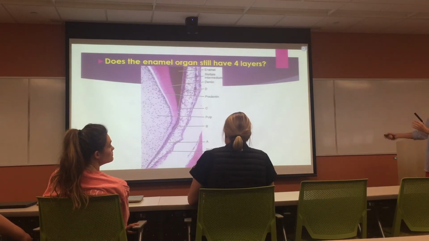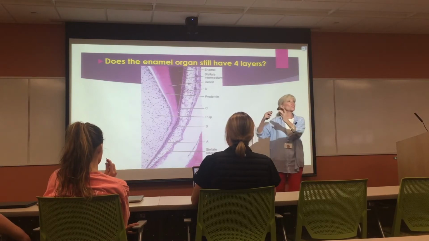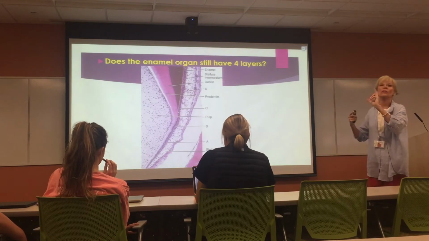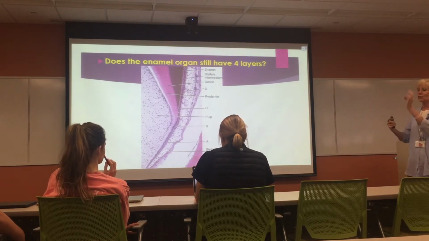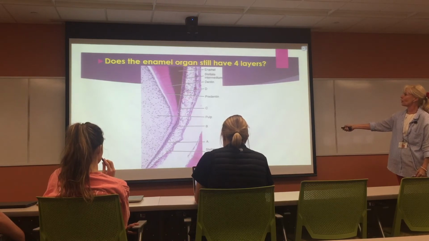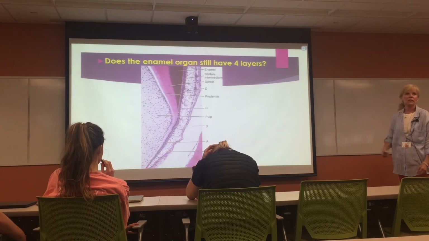As it gets down and we form the cervical loop, then we do not. Then we only have two layers. But even up here, we still have some stratum intermedium and still have some stellate reticulum all the way to the cervical loop.